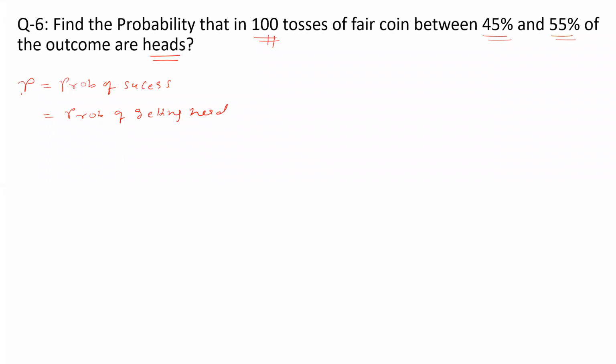But whenever you want to write the value of small p, you always take the value of p from one toss. So the probability of getting a head in one toss implies your small p is equal to half. So whatever the sample size they give you, always write the p value of one toss. When p is equal to half, then q will also be half, a 50% chance of occurring.